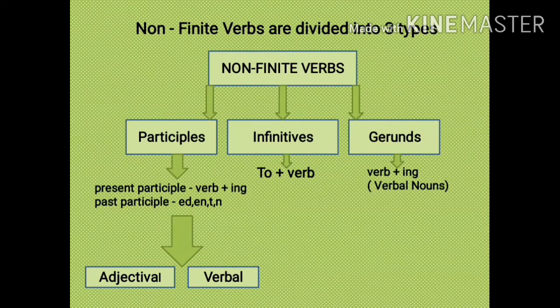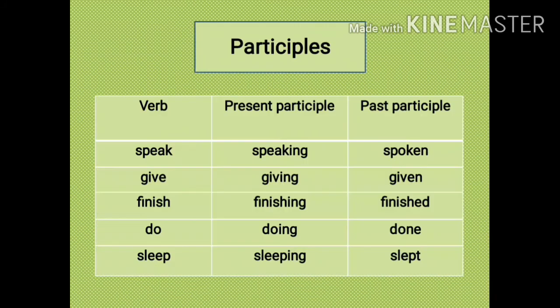So now let's continue to learn what are adjectival present and past participles, verbal present and past participles, and how to identify them. Before that, let's look at the verbs in their first form, second form and third form. Speak, speaking, spoken.